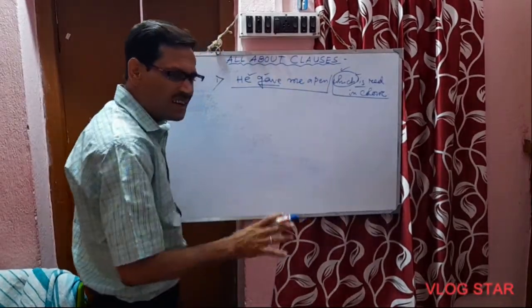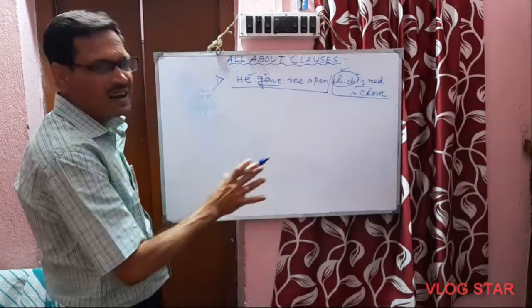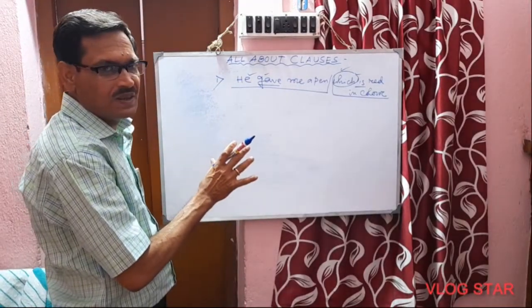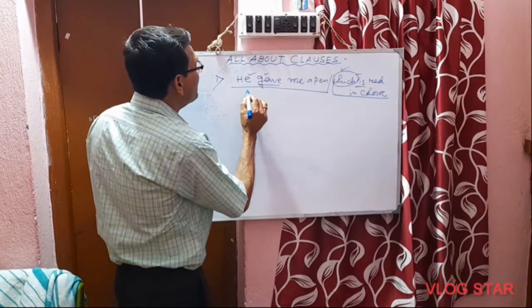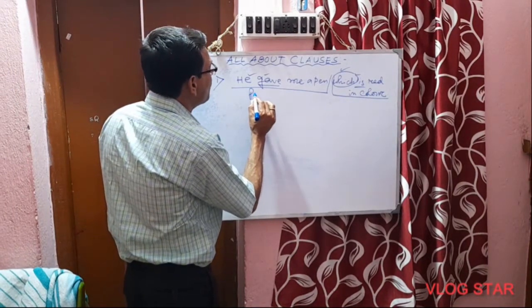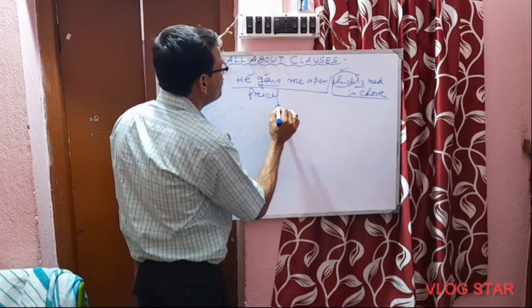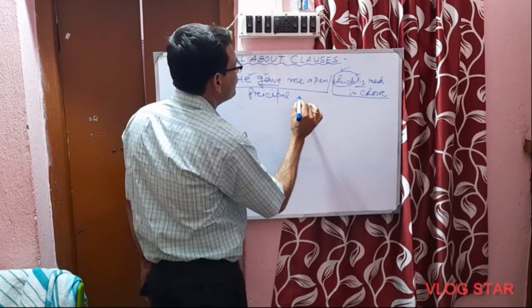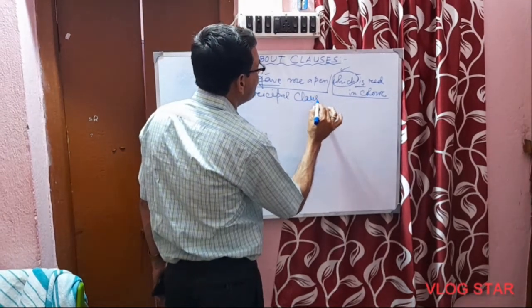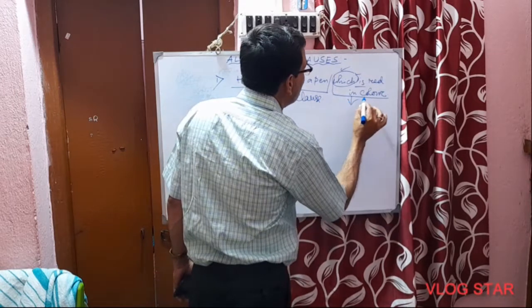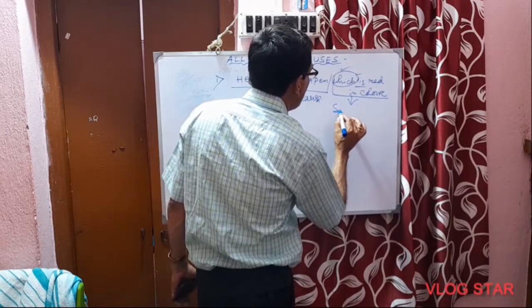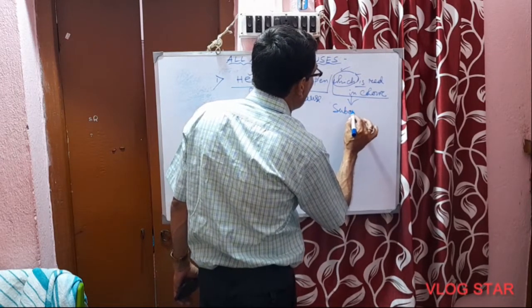Now, considering all the criteria, now it is called principal clause. And this part is called subordinate clause.